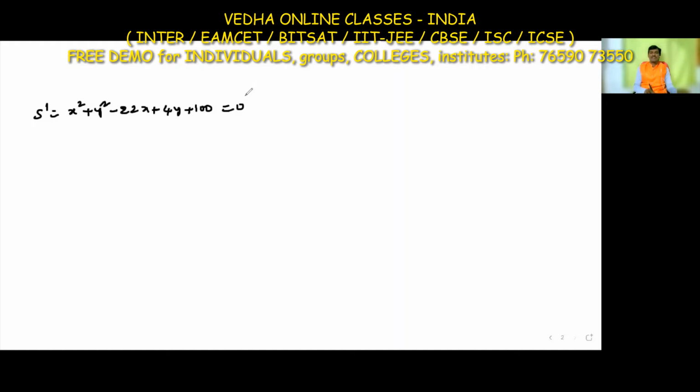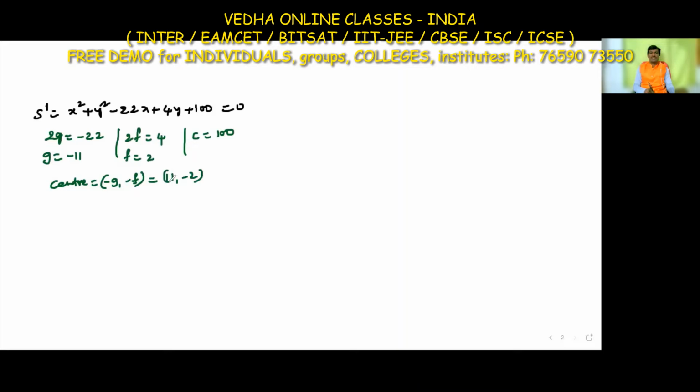For this equation also we have to find the center, g comma f. How do we find it? By comparing: 2g, the x coefficient, is minus 22; 2f, the y coefficient, is 4; and the constant c is equal to 100. What is g value here? Minus 22 by 2, that is minus 11, and f value is 4 by 2, that is 2, and the c value is 100. Now I am writing the center: minus g comma minus f, that means plus 11 and minus 2 is the center for this.